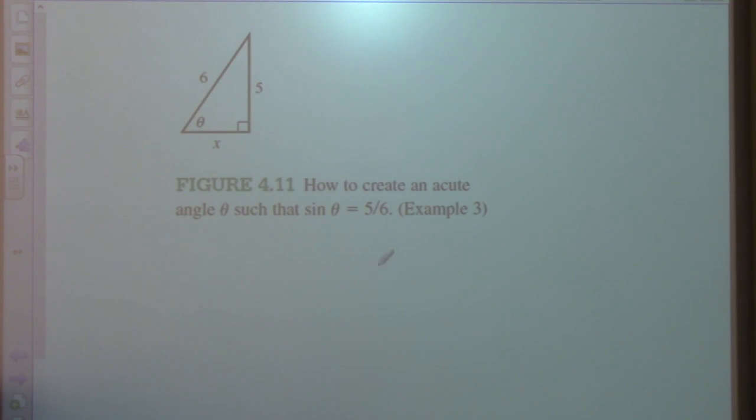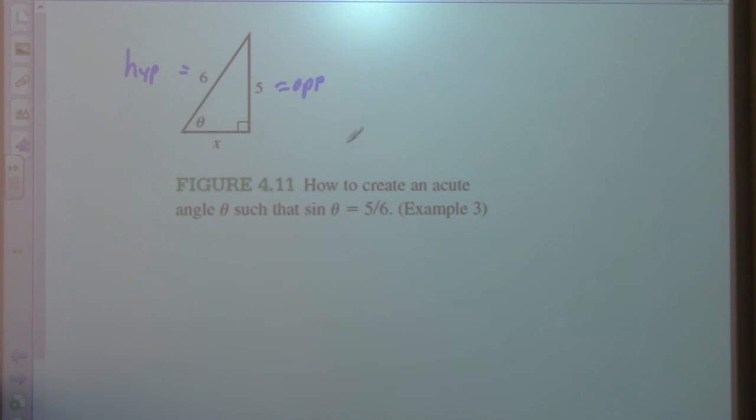Okay, how to create an acute angle theta such that sine theta equals 5 over 6. In this case, we have our opposite side being equal to 5, and our hypotenuse is 6.